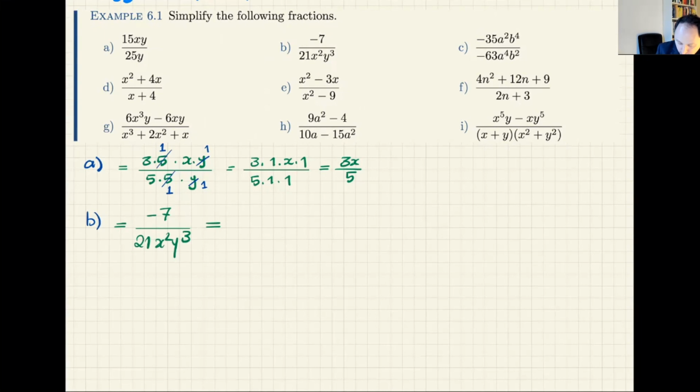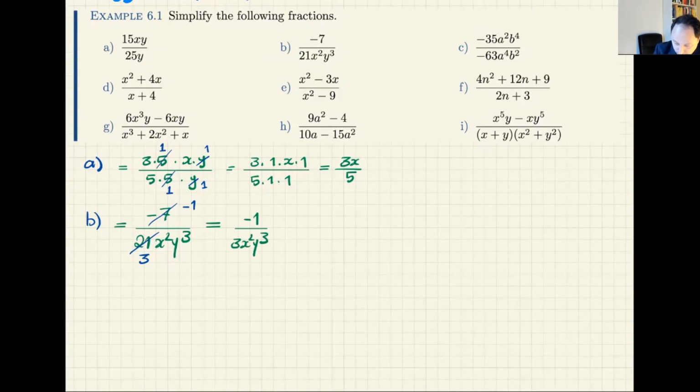What is the only thing that I can cancel out? I can divide the numerator by 7, minus 1 is left. I can divide the denominator here by 7, 3 is left. Nothing else can be simplified. So what is left for me is a minus 1 in the numerator and 3x squared y cubed in the denominator. Yes?